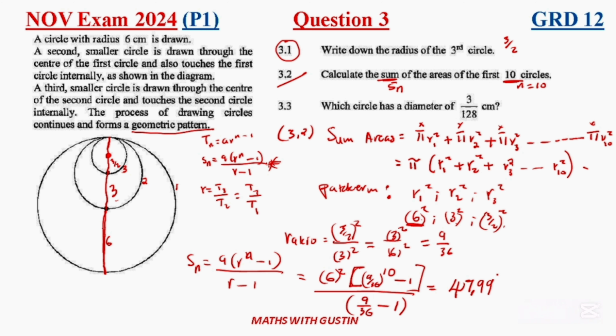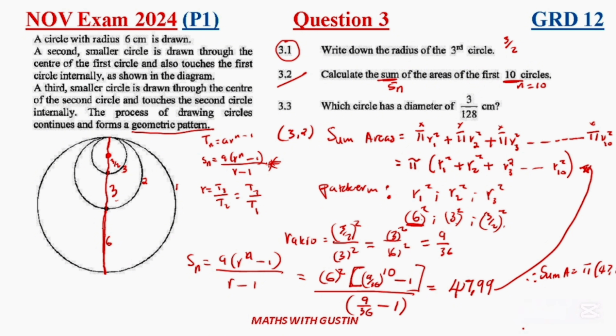However, we need to substitute this sum back into this equation here. Remember they said sum of the areas. So the sum of the areas is going to be equal to pi times 47.99.